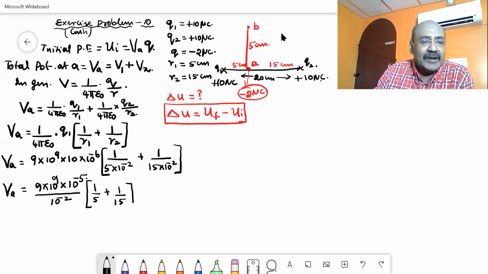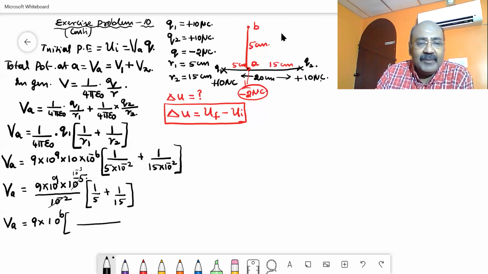Simplifying, potential at A is equal to 9 into, when you are cancelling these two, you will be getting 10 power minus 3. So 9 into 10 power 6. Taking LCM, you will get 3 plus 1, you will be getting 4.